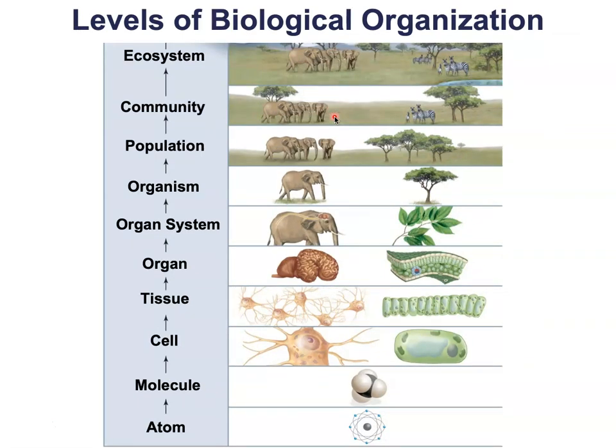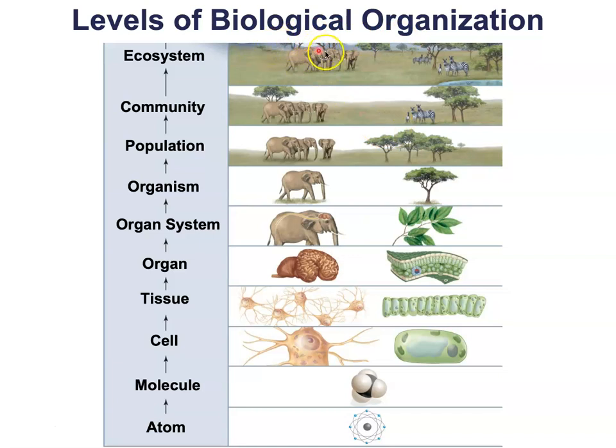The ecosystem seems similar to the community, but the ecosystem takes into account not just the living components, but also the non-living components as well. So if you look at the difference between these two photos, here in the community level, we have the elephants and the grass and the trees and the zebras. But at the ecosystem level, we also have the sky.